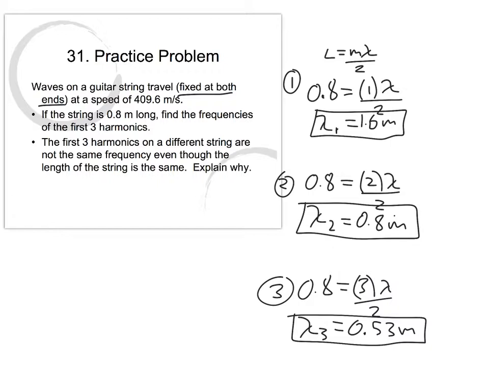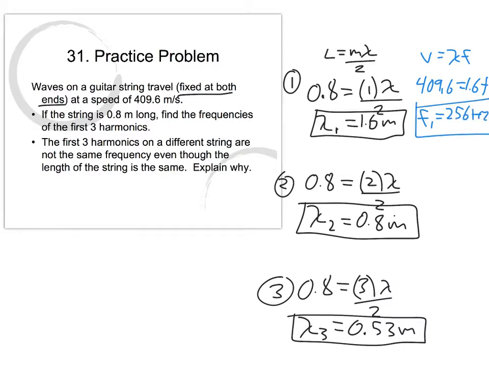So in all three cases, I'm doing the same thing to get my frequency, and that is using velocity equals wavelength times frequency. So I can say 409.6 equals 1.6 f, and so the frequency of that first harmonic is 256 hertz, which is a C note.